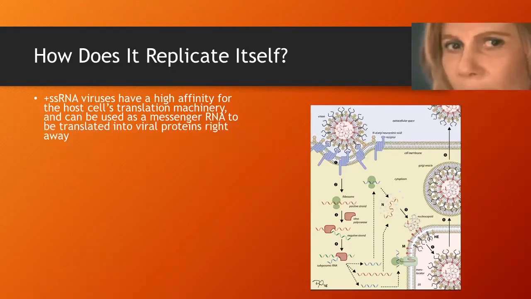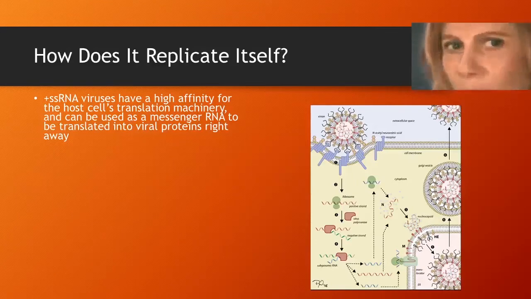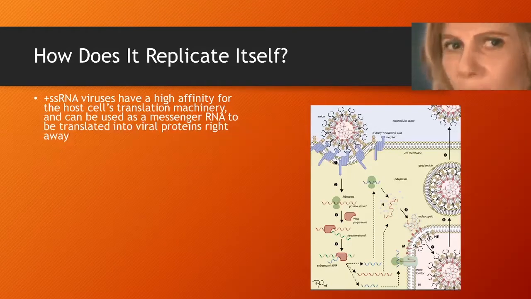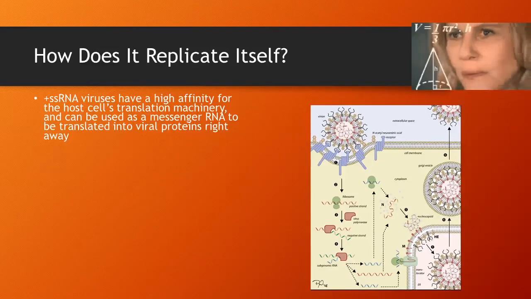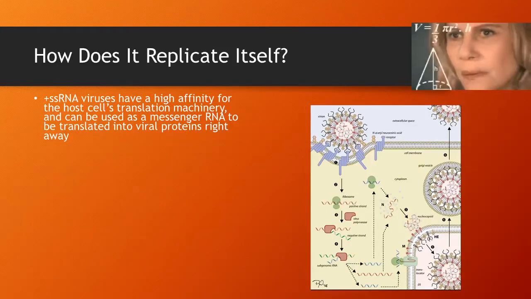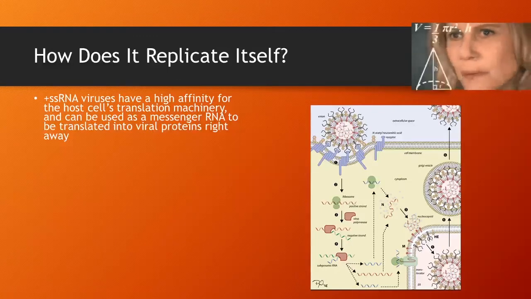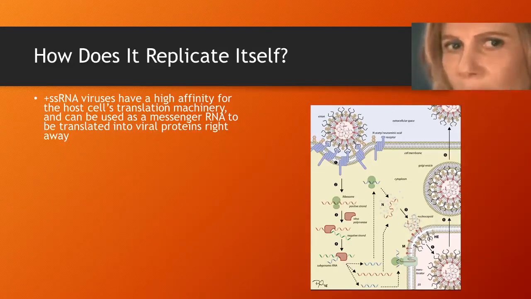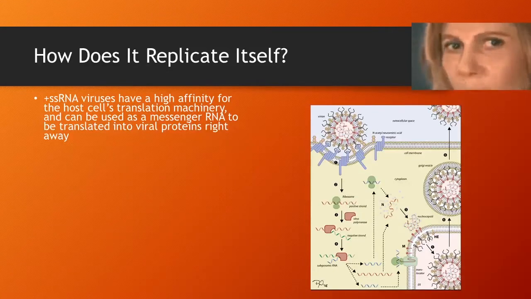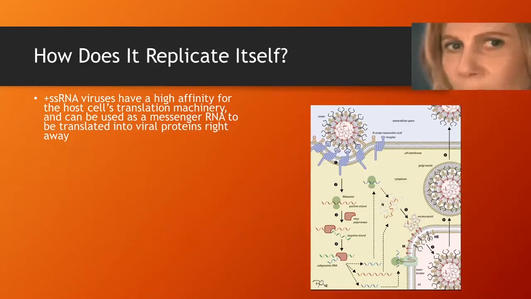So anyways, it is a positive sense single-stranded RNA virus. So what does that mean? Well, basically, DNA is double-stranded. We have two strands of DNA that loop around each other, but RNA is single-stranded. And when it's single-stranded, it can either be positive sense or negative sense. Positive sense means that it can be used right away by our cells' machinery to actually make proteins.